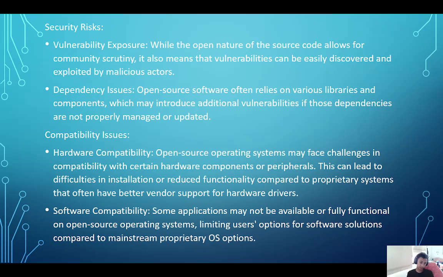This can lead to difficulties in installation or reduced functionality compared to proprietary systems that often have better vendor support for hardware drivers. Software compatibility. Some applications may not be available or fully functional on open source operating systems, limiting users' options for software solutions compared to mainstream proprietary OS options.